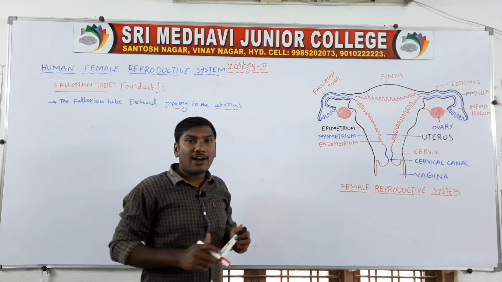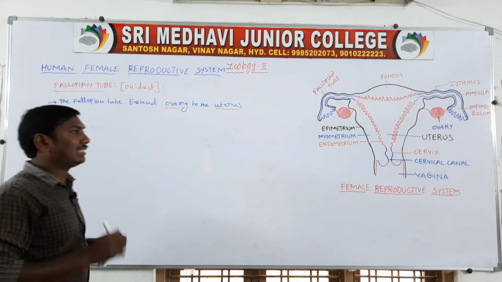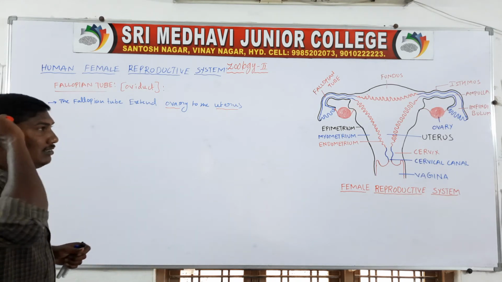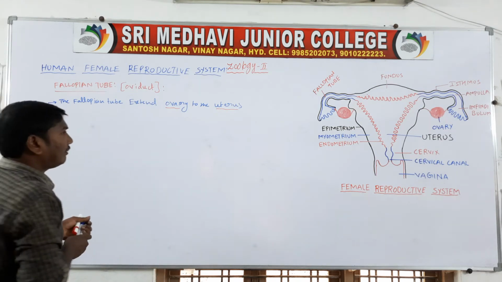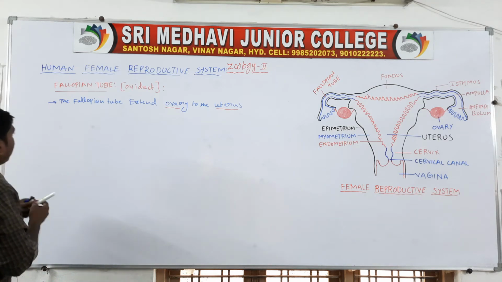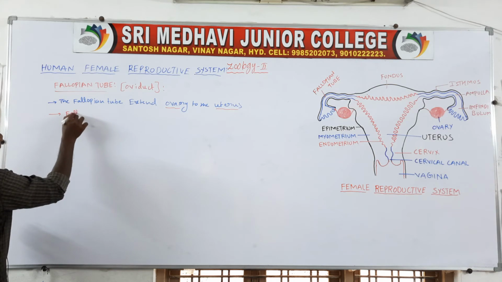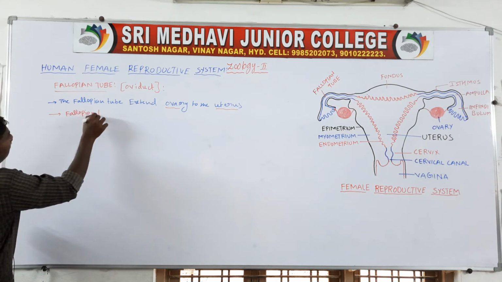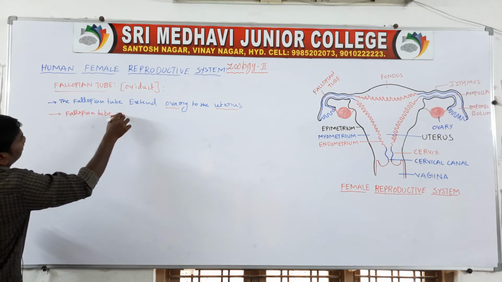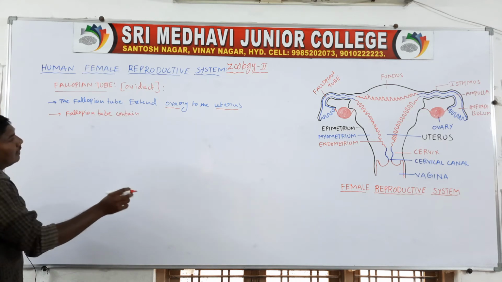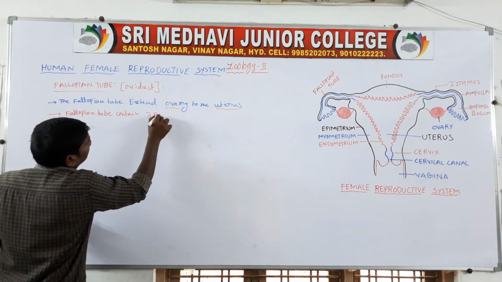Next one, the fallopian tube contains three regions.